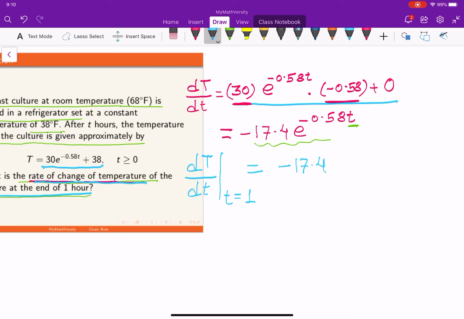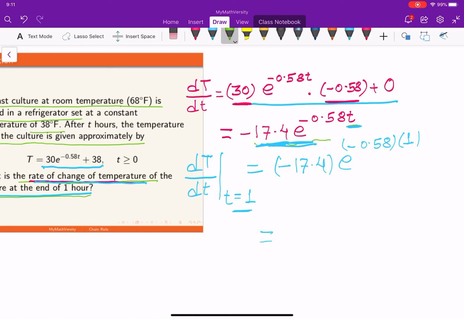So how do you do that? If this is the function that gives the rate of change, we just need to replace t by 1. Negative 17.4 stays as it is, and we have e to the power negative 0.58 times t, where t is 1. So what is the answer we get?